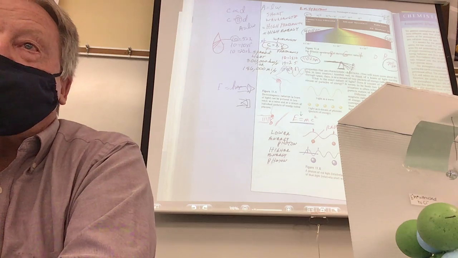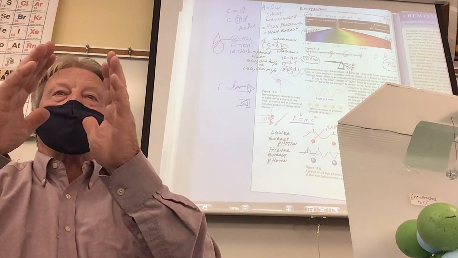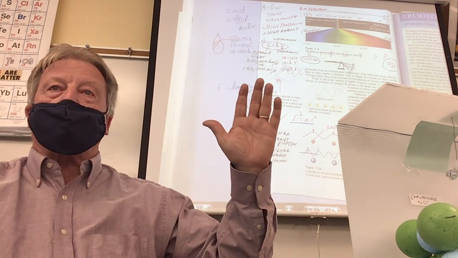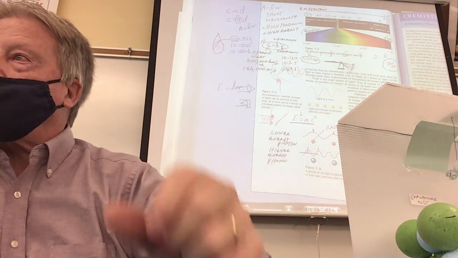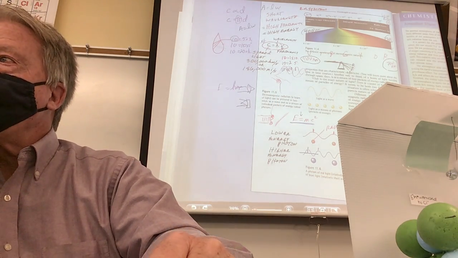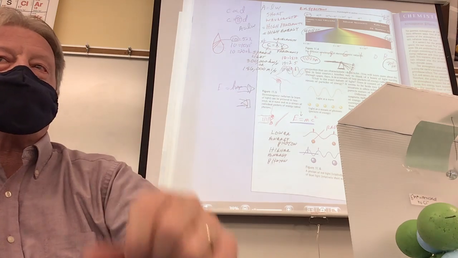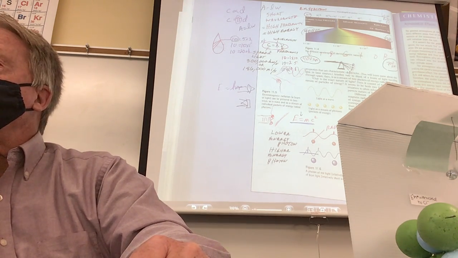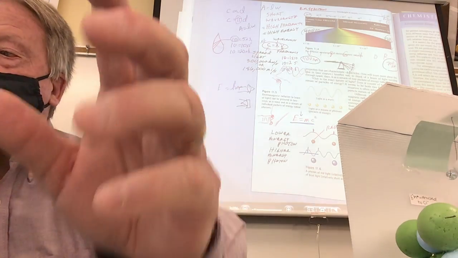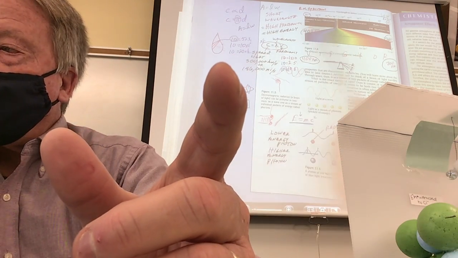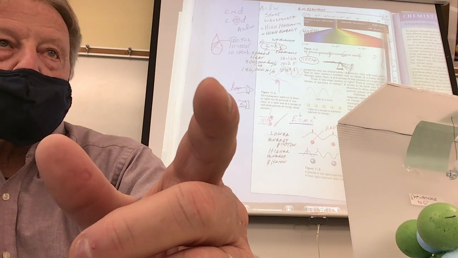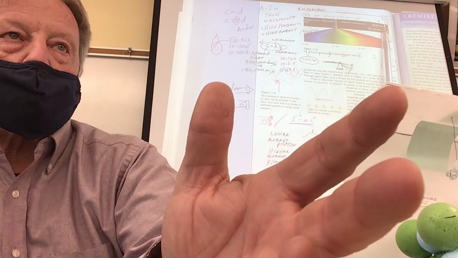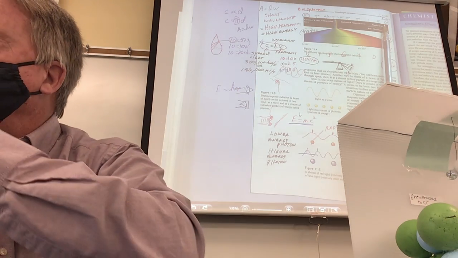What does that mean to you? If the wavelength gets bigger and bigger and bigger, what happens to the frequency, how often that wave occurs? If the wavelength gets bigger, what happens to frequency? Everybody. It gets smaller. So, look right here. If I had a really, really big wavelength, like radio waves, 10,000 meters long, man, that's a huge wave, isn't it?